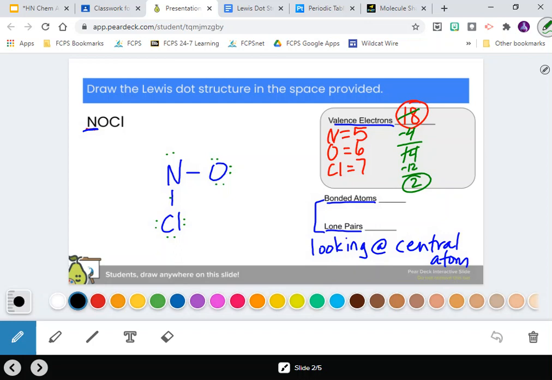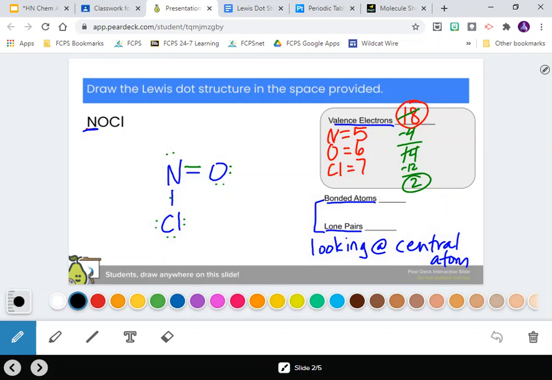In order to remedy that, we have to create a double bond with nitrogen. Now, which atom do I pull from? Do I pull from the oxygen or the chlorine here? Which one is capable of doing double bonds? Oxygen is. Remember, the halogens only do single bonds when they're on the outside. So I'm going to take this one off right here, and I'm going to make that the double bond here.